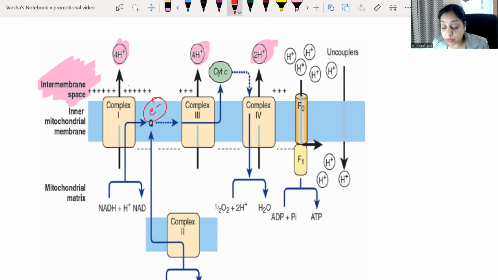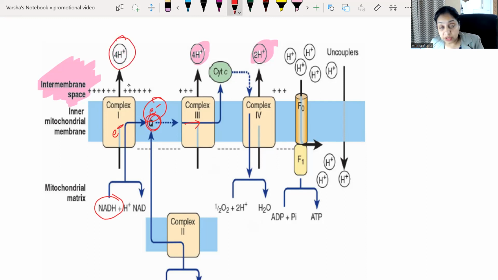But about the protons, we should know the numbers. NADH gave electrons to complex 1, which via Q will be transferred to complex 3. There is no complex 2 in between here. NADH gives to complex 1 and it goes directly to 3, not via 2. When it goes from 1 to 3, there is a net release of 4 protons in the inner mitochondrial membrane space.